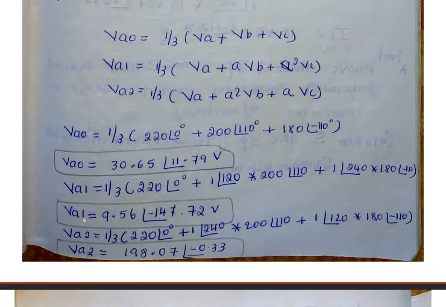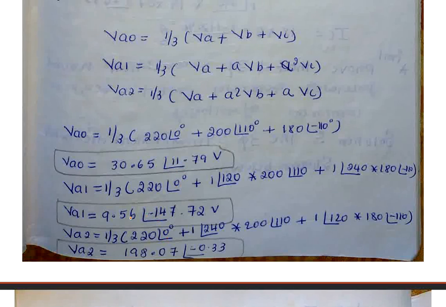Similarly for VA1, apply this formula. A equals 1 at an angle 120 degrees, and A square equals 1 at an angle 240 degrees. If you multiply two vectors, the magnitudes will be multiplied and the phase angles will be added. So A square means 1 at an angle 240 and A means 1 at an angle 120.